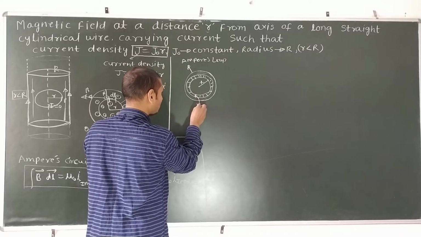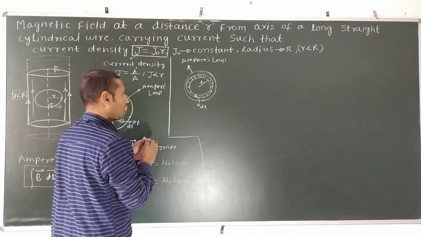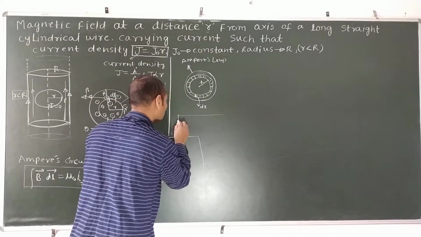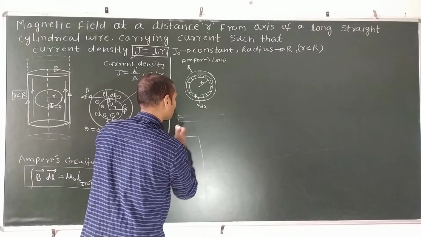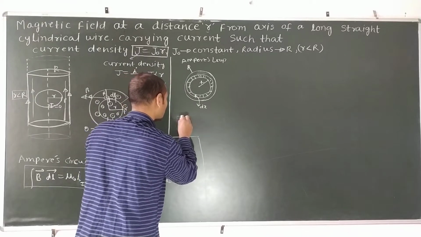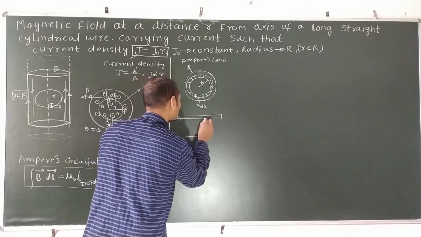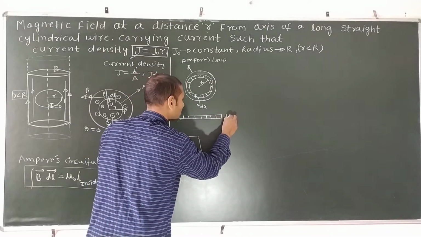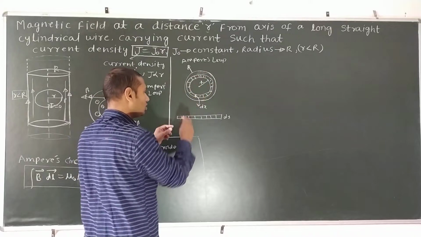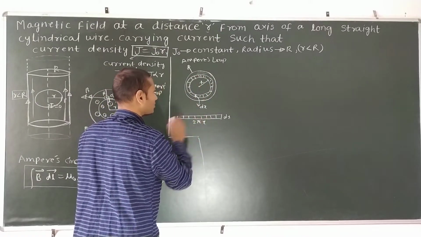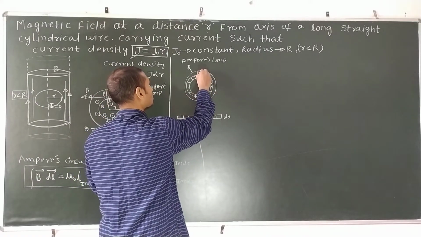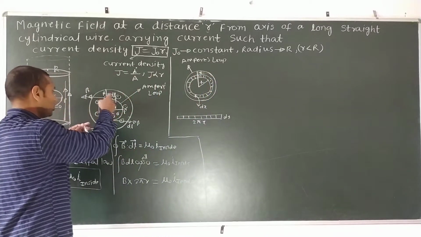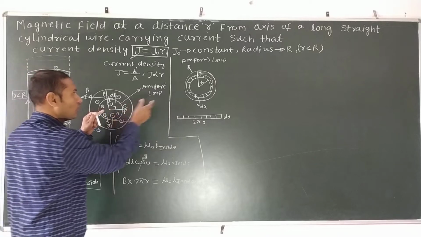If we take that element here, we see that this element has thickness dx, and the length of the element is 2 pi x, because the Ampere's loop has a smaller radius.